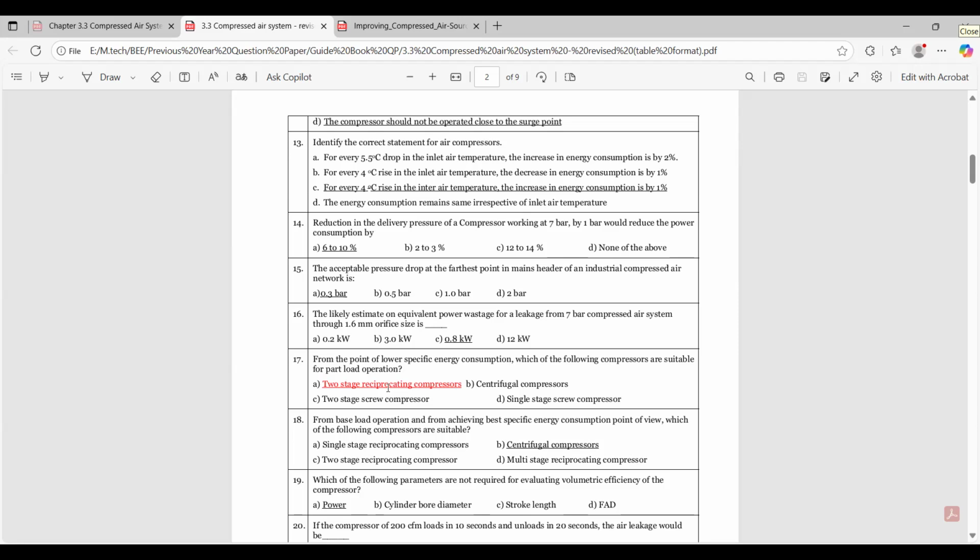From the point of view of base load operation and achieving the best specific energy consumption, which of the following compressors are suitable? Nowadays, centrifugal compressors are used for better specific energy consumption, but they are majorly used for higher delivery or higher air requirement.